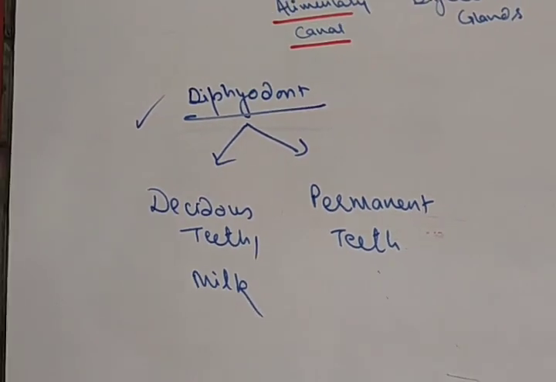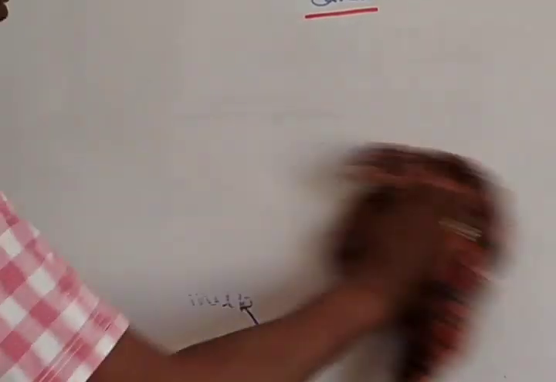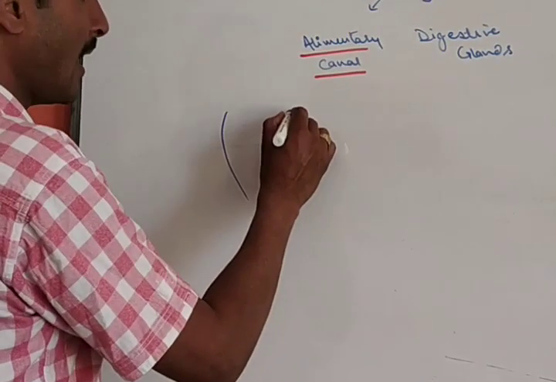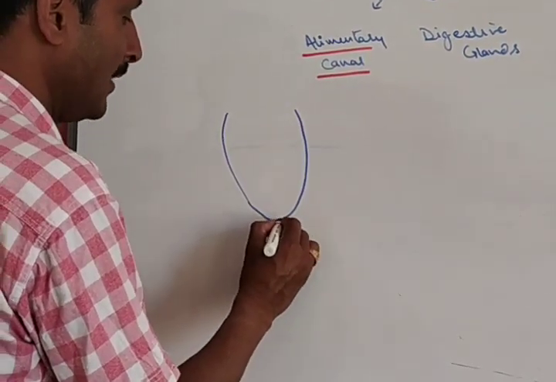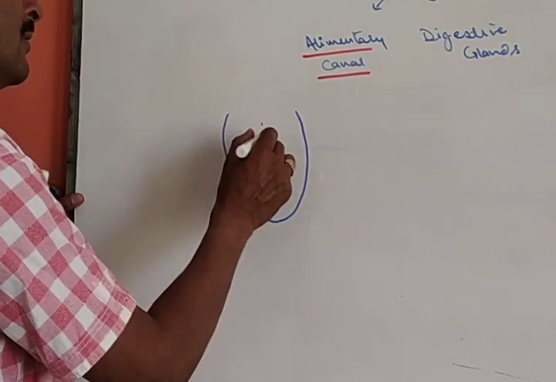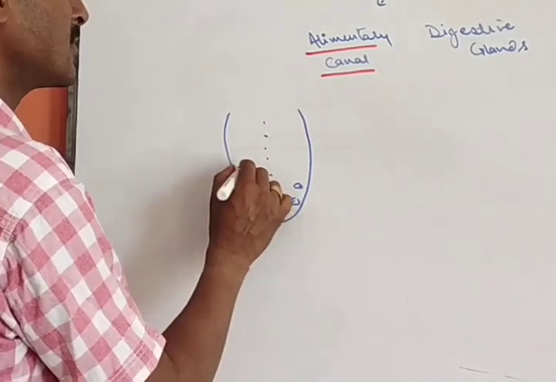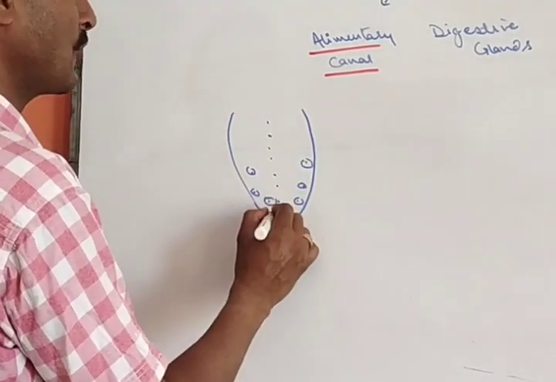Now, the second structure present in the mouth or oral cavity is the tongue. The tongue is a highly muscular and mobile organ which has a large number of taste buds over its surface.